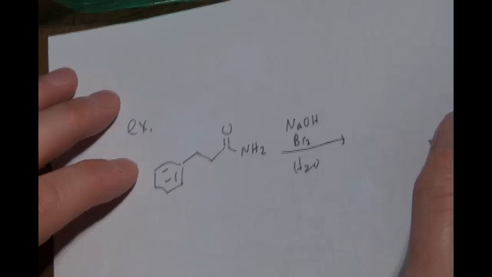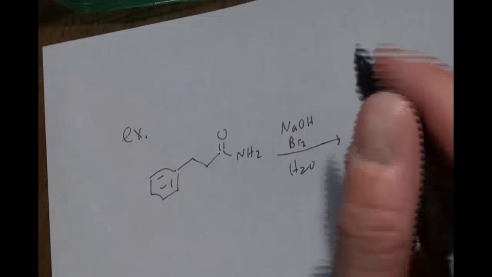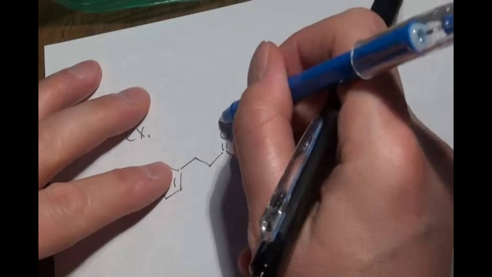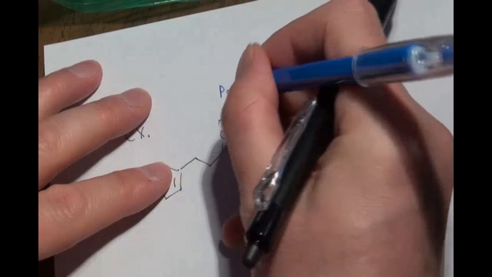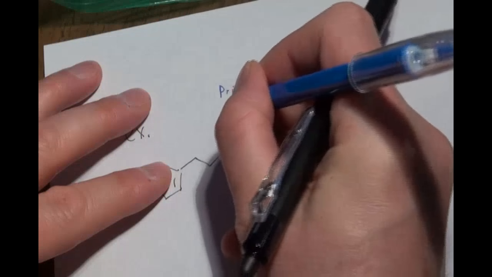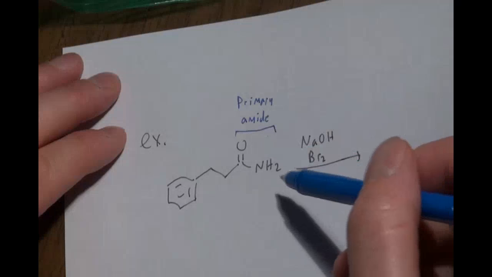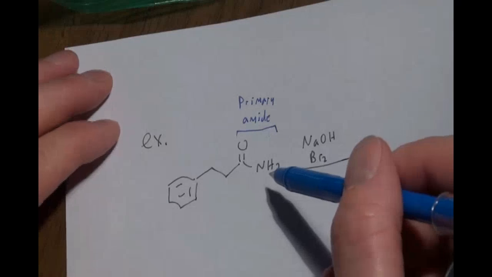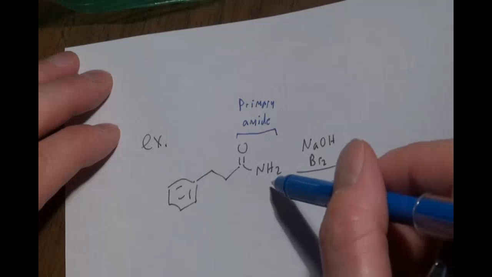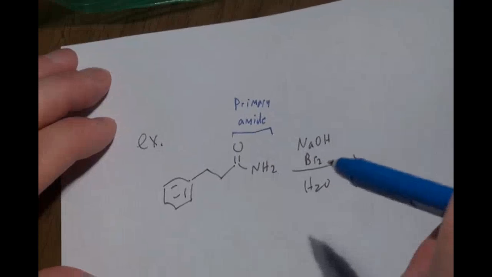Hofmann degradation. I should point out again that this has to be a primary amide. By primary amide, I mean it has to be NH2 on the amide. So if you have a carbon or something else on the nitrogen, it doesn't work.